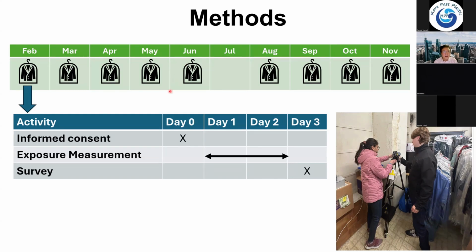We conducted this study in 2024, from February to November, because we were not able to visit 34 shops at one time. So we visited 3 or 4 shops each month. July was a very slow month, so we ended up having no sampling in these dry cleaner shops.